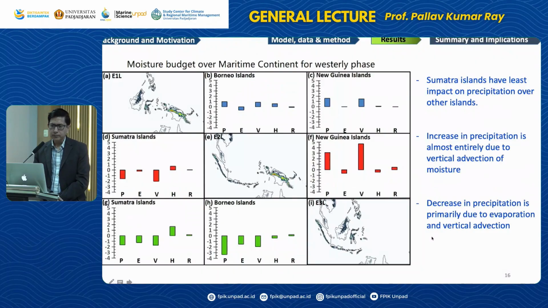Okay. So what you are seeing here, let's just discuss the Borneo experiment. If you remove Borneo, how will the precipitation change in different islands?